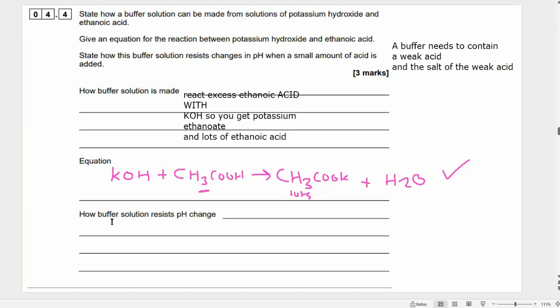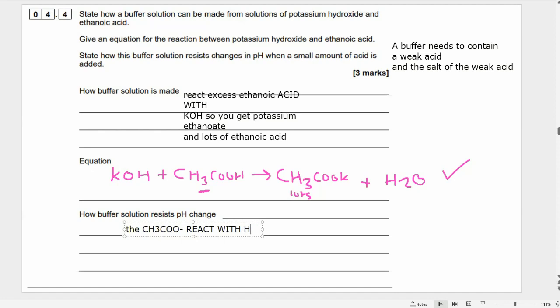So how does a buffer resist pH change? Well, it says here they want us to state how the buffer solution resists changes in pH when a small amount of acid is added. So when it adds a small amount of acid, in this particular situation, the CH3COO minus, so the ions of the salt, react with hydrogen ions.